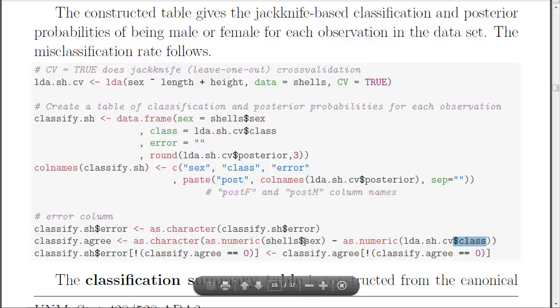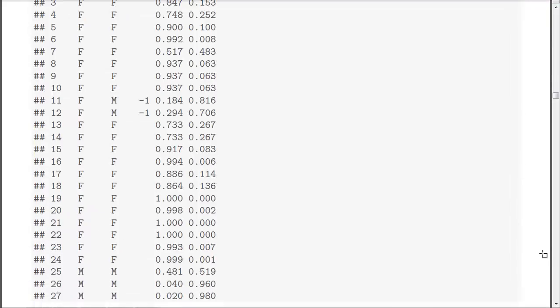So we have 1 minus 2 is a negative 1. So females who are classified as males are a minus 1. And vice versa. Males classified as females are a positive 1. And this last line basically updates the error column for those that did not agree, based on whether agreement was different from 0.